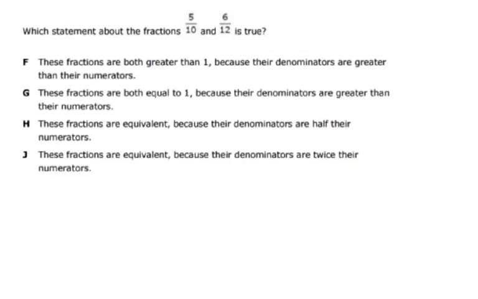Answer choice F says these fractions are both greater than 1 because their denominators are greater than their numerators. Well, I know if I have 5 out of 10 pieces, that is not greater than having a whole piece. That's less than a whole thing, okay? So answer choice F is not true.